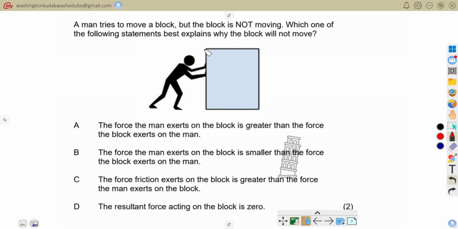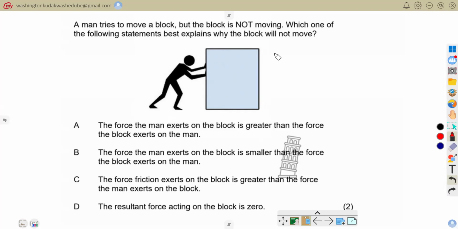I've realized that most of you, when it comes to multiple choice questions, just do guesswork. You don't put some reasoning in it. You just say, well, my mother told me to choose this one, which is not how you're supposed to approach these questions.